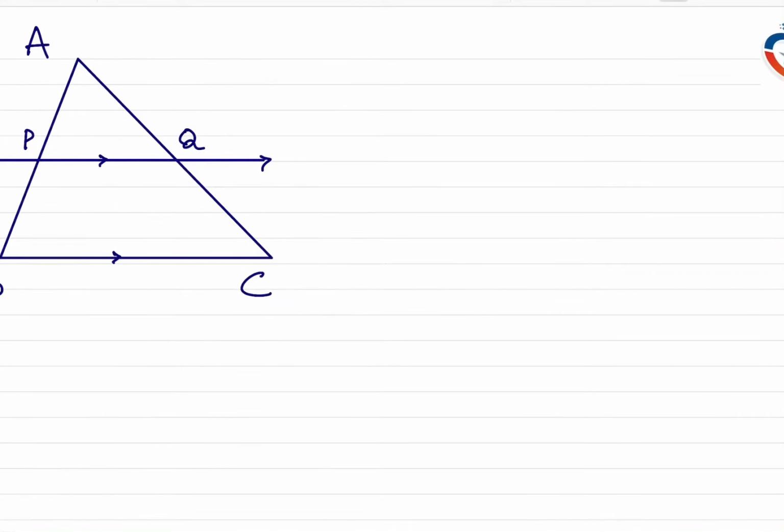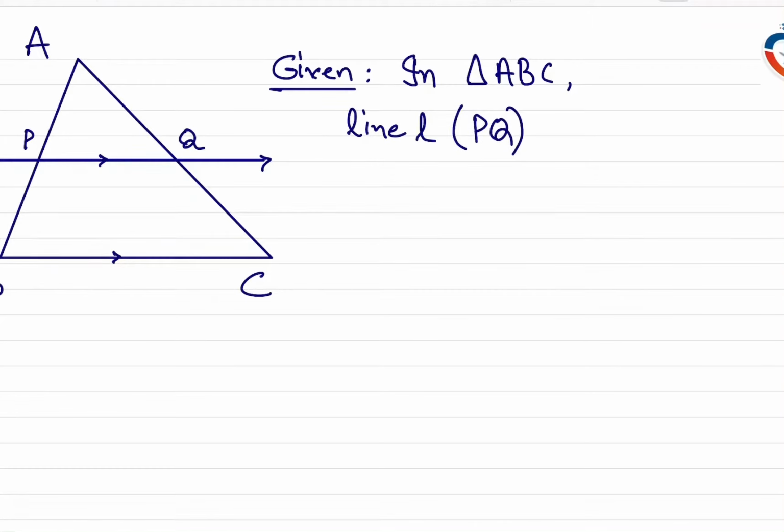So to prove this, we write the given condition. We say in triangle ABC, line L, or you can say line PQ, is parallel to side BC.